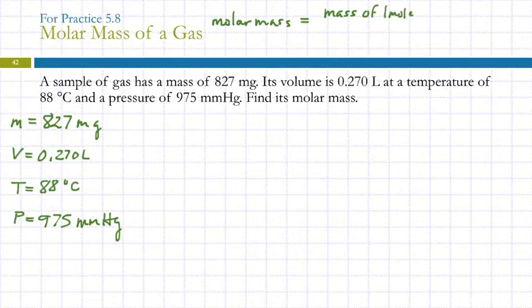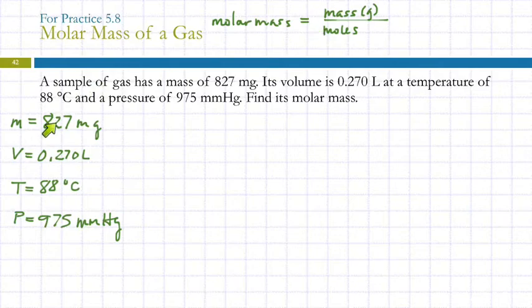Well, let's see. Let's just do it this way. The mass of the substance in grams divided by the number of moles. And then we end up with a unit grams per mole, right? So to find that, we need the mass of this gas, and we need the number of moles.